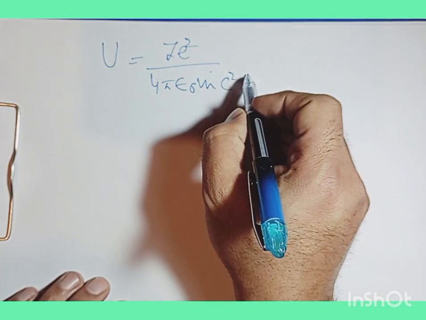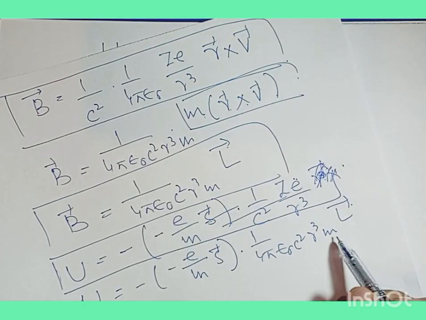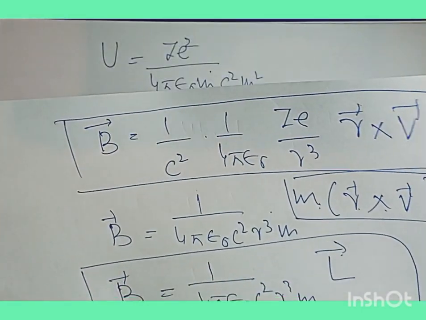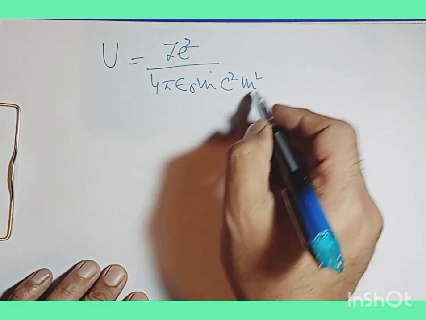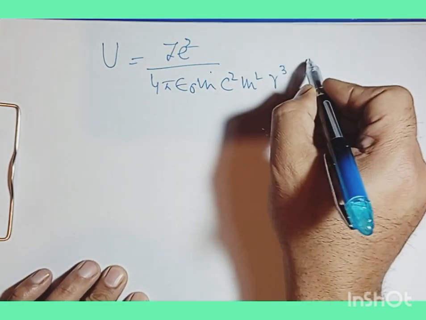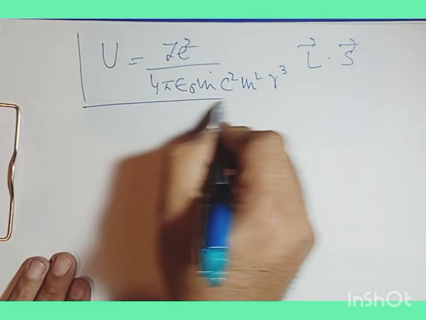Then we will have m square here, because this m and m will multiply. So we have m square c square R cube, and L vector dot S vector.